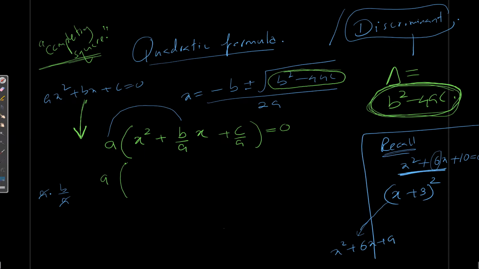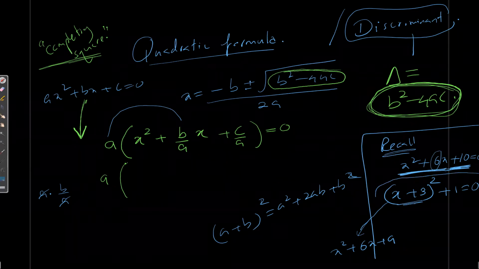That's coming from the formula a plus b squared equals a squared plus 2ab plus b squared. Now what we have here is 10. So this part is already x squared plus 6x plus 9, but I need x squared plus 6x plus 10, so I need one more. This technique is known as completing the square.